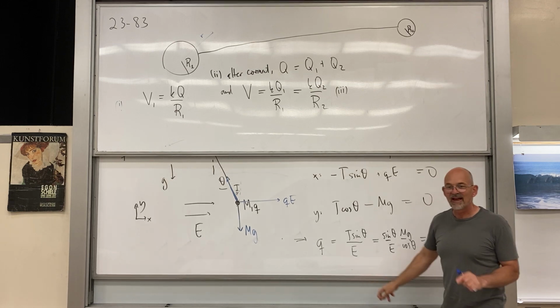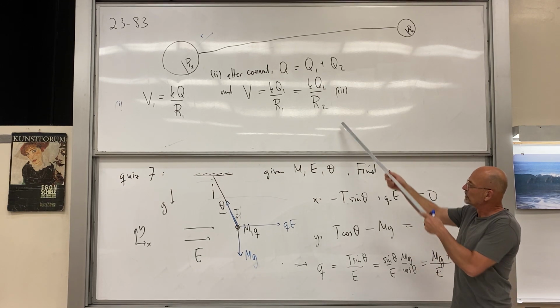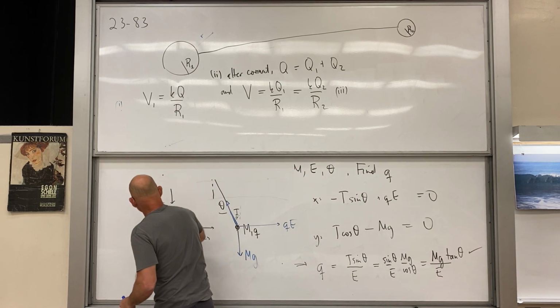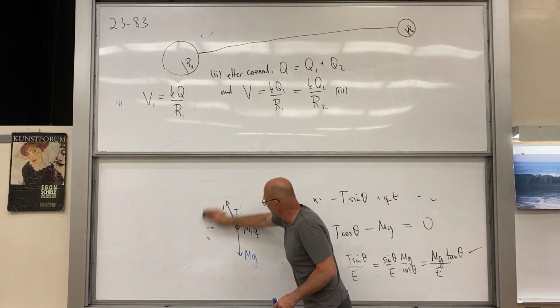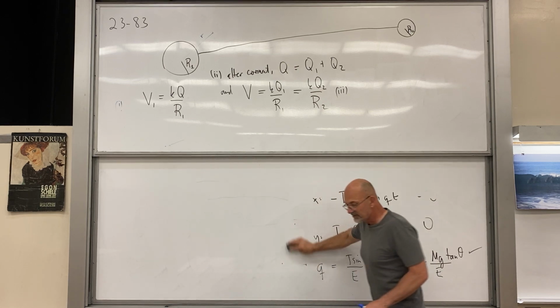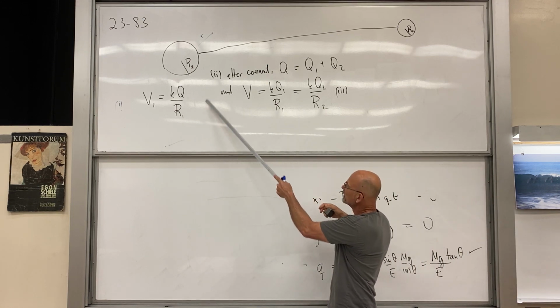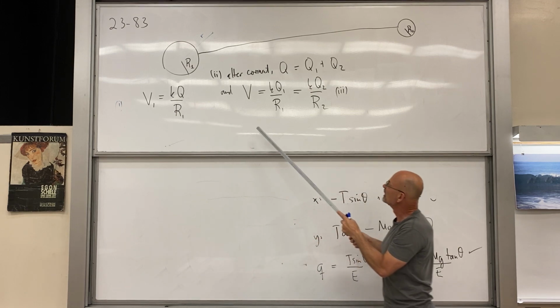Our problem was asking us to find R sub 2. We'll just continue with this. But right now I've just made use of the physics. Charge conservation, well, first of all, spherically symmetric charge distribution, form of the potential.